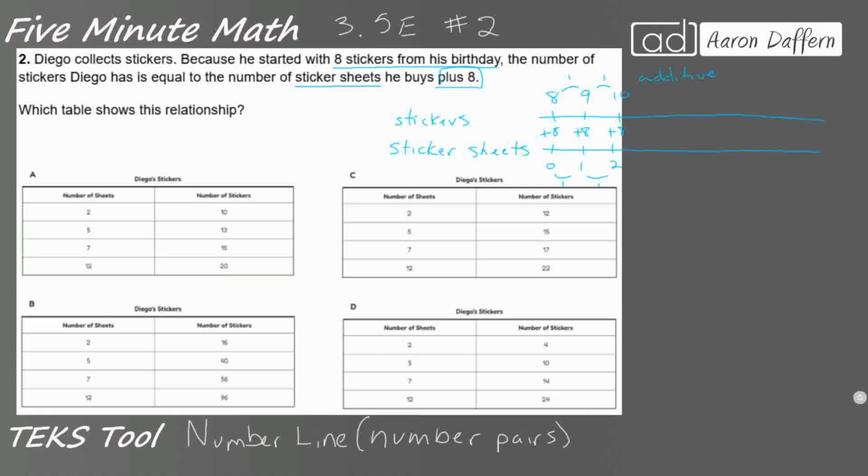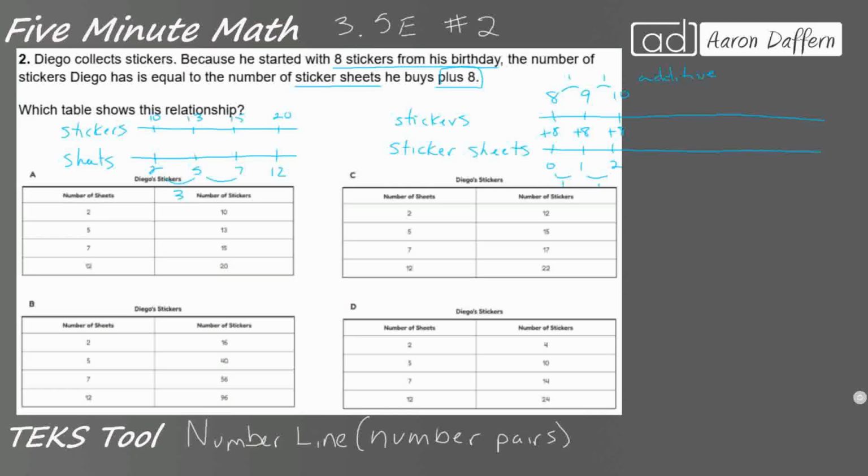So let's see what we've got here. Okay? If we were to do this, we would see that we've got the sheets. Look at A, and then the stickers. And we've got 2, 5, 7, 12. And we've got 10, 13, 15, 20.